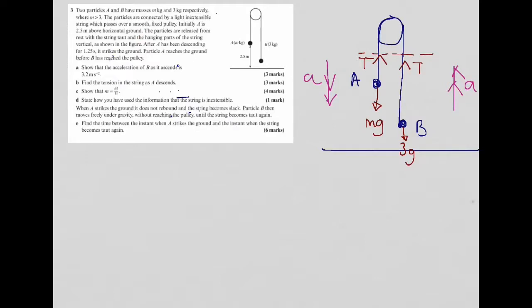So I know that it says A is 2.5 meters, so this distance here is 2.5 meters. The particles are released from rest, so that tells me something. So u equals 0.